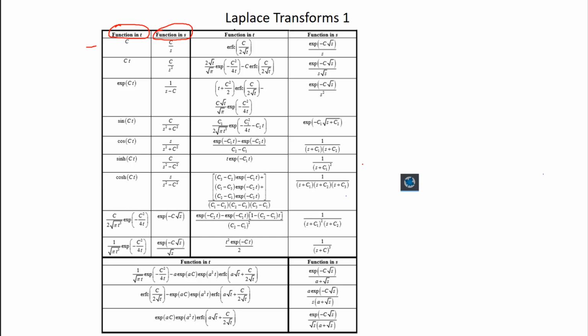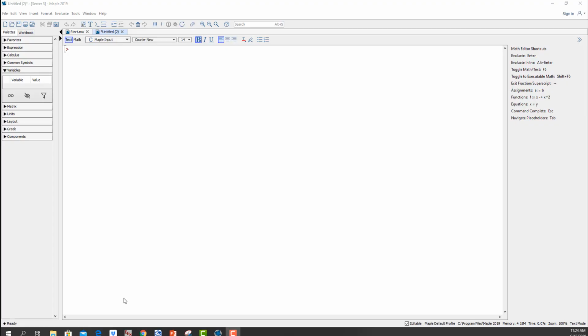Okay, we can also use Maple to do Laplace transforms, so let's look at that for a little bit. The first thing you need to know in terms of using Maple for this is that the Laplace transform library is not automatically loaded when you open Maple. At least my version isn't.